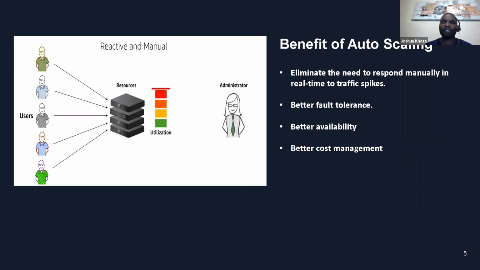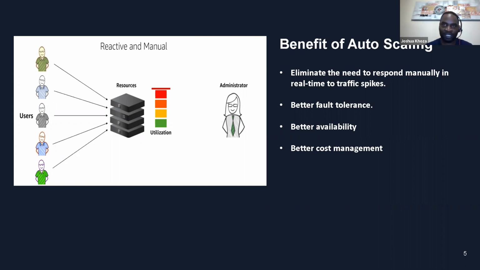It also provides better fault tolerance: if your EC2 instance is unhealthy, it will go in and replace it for you to maintain fault tolerance within your auto scaling group, by launching a new instance from an AMI.